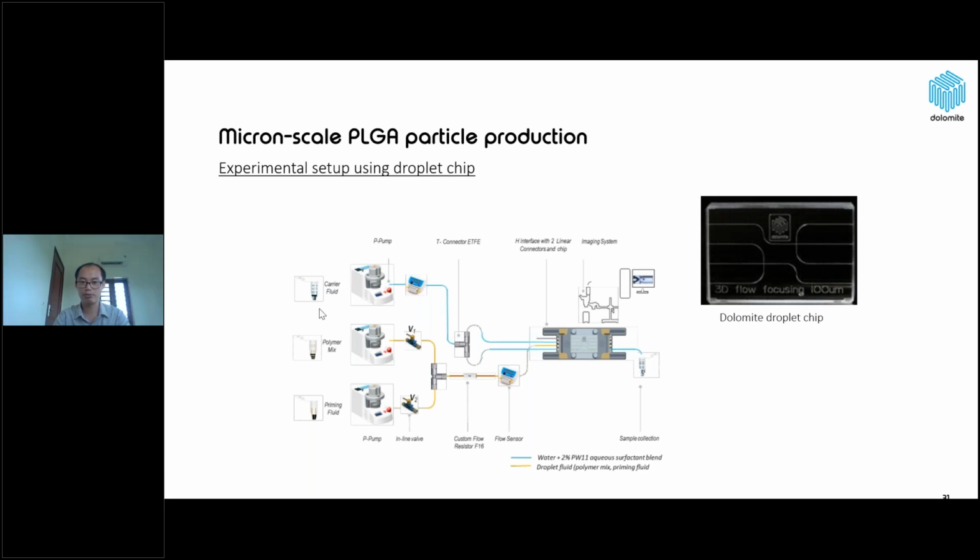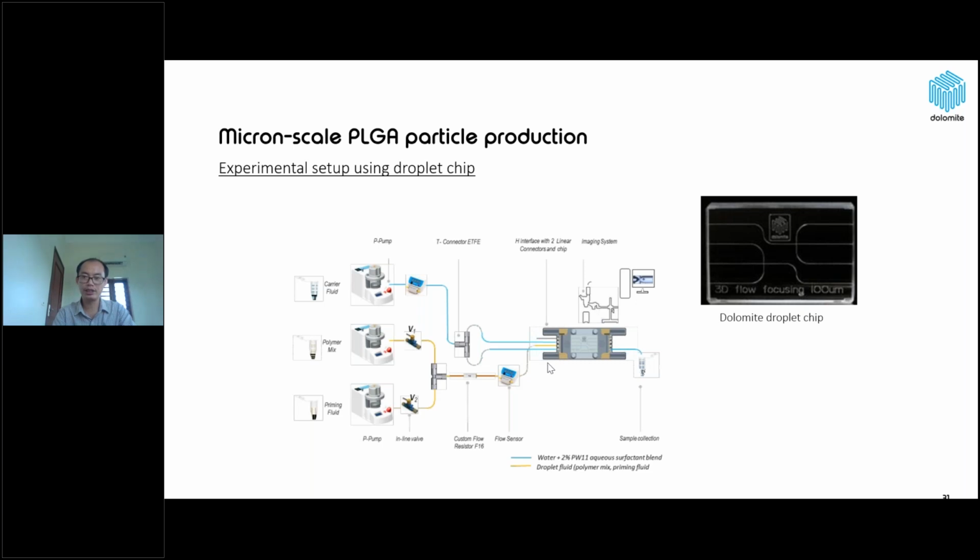We have 3 pumps: 1 pump for the continuous phase, which contains the carrier fluid like water or PBS solution with surfactant, and the other pump for the polymer mixture, PLGA dissolved in solvent, used as the droplet phase. And finally, the last pump can be used for priming the fluid, flushing or priming before running the experiment and cleaning the system after the experiment.